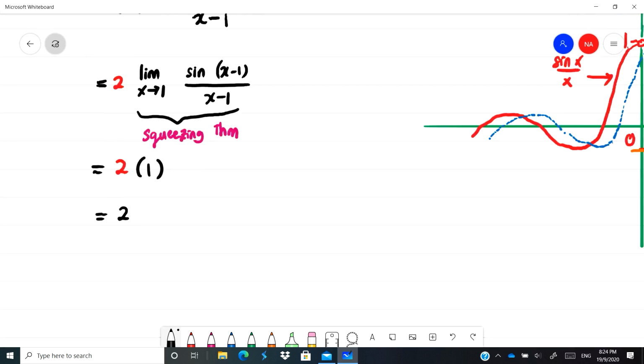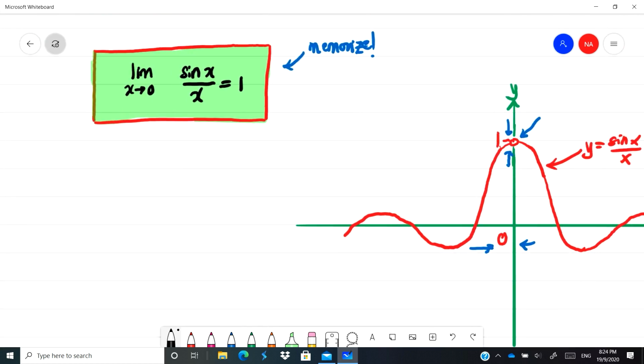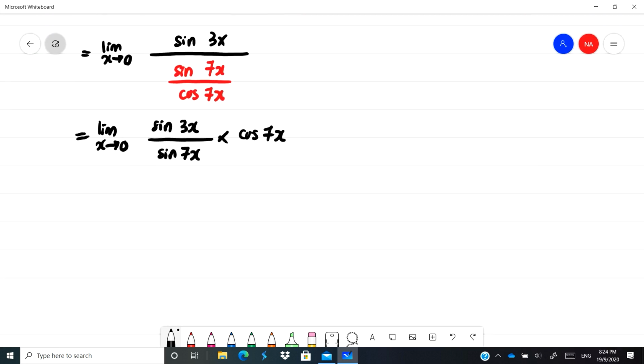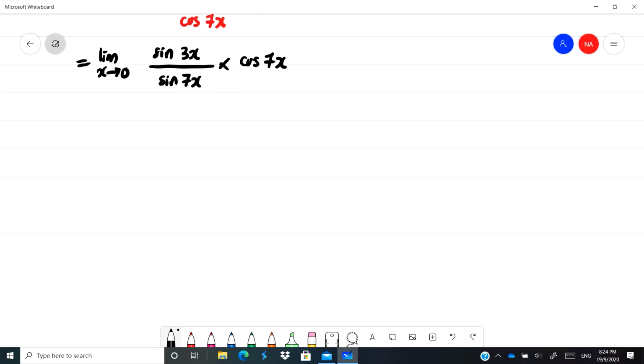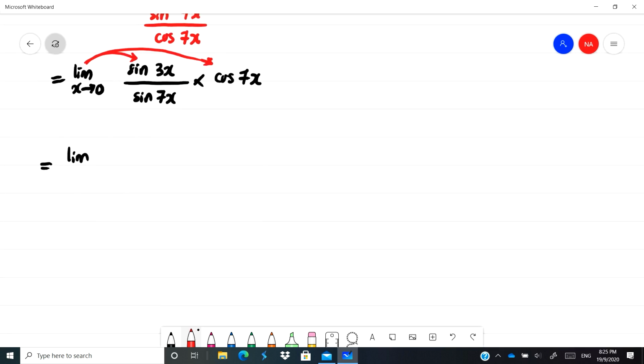If you want to use this squeezing theorem, it should be in the form of sine x over x. But we don't have that x there, so we can put that x there. Let me write it here. What I'm going to do in the next step is distribute this limit into these two functions.